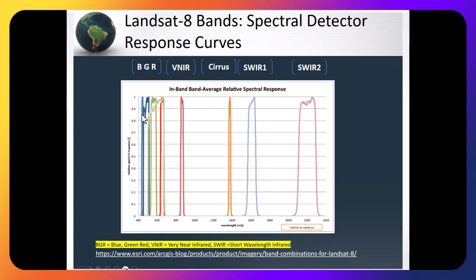This tall blue response here is showing how the detectors are organized to make a detection for blue, or in the case of green, at 500 to 600, this green shoulder here, or in the case of red, this red one here. Here's the very near infrared at 800 to 1,000 nanometers. And that's, again, beyond what we can see. And then the sensors also can determine other longer wavelengths for other purposes.